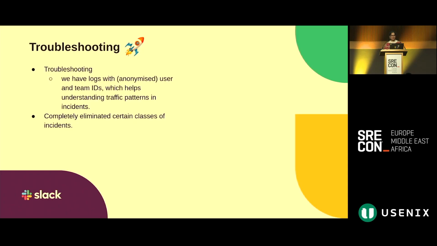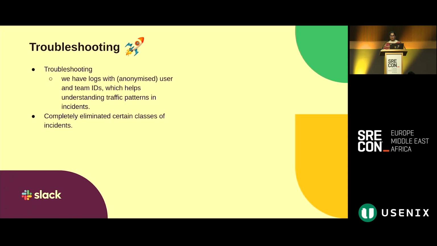Anything that simplifies your life during an incident and reduces stress is welcomed. We can narrow down the spikes in the traffic down to a workspace or a user or a bot, and that's just marvelous.